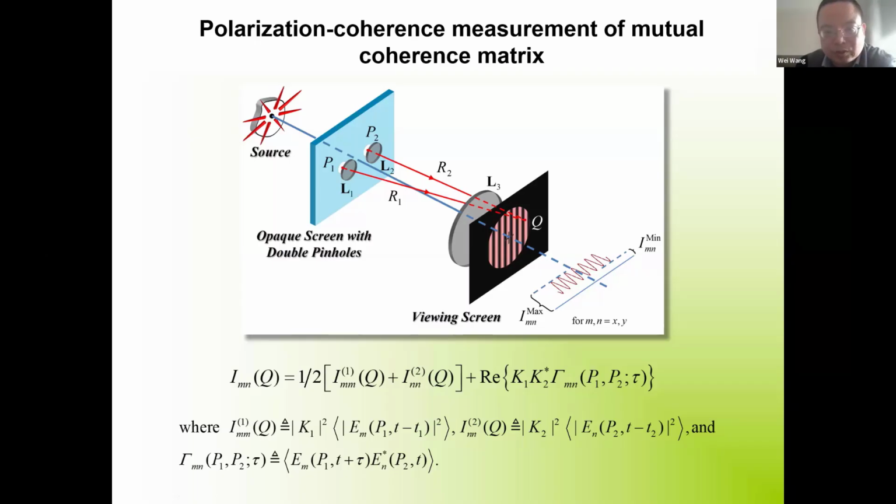Therefore, the subscript 2 represents pinhole P2. The final term represents the cross term between the two beams, which is exactly the elements of the mutual coherence matrix. Through this way, we are able to upgrade the conventional Young's interference for measurement of the mutual coherence matrix. So this is one way to detect the polarization coherence of stochastic electric fields.